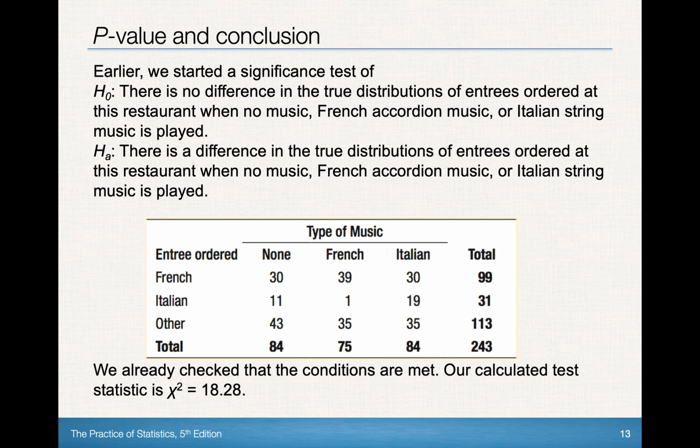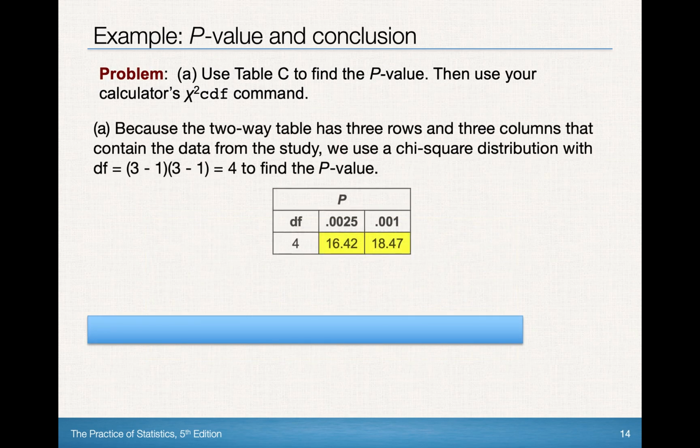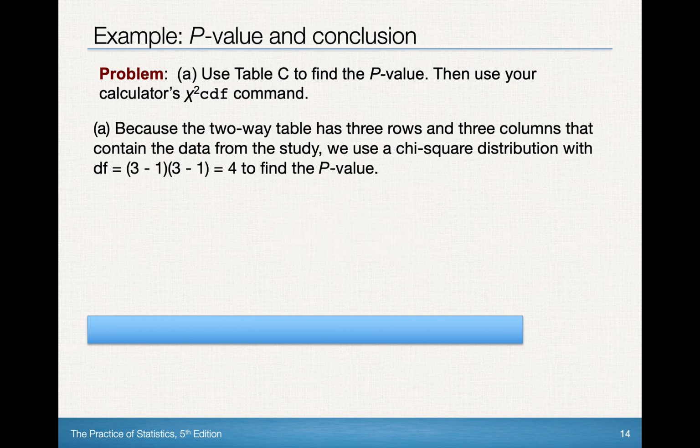It's different for a chi-squared test for homogeneity, which is what you're doing right now. Your degrees of freedom is going to be your columns minus 1 times your rows minus 1. So because our matrix is a 3 by 3, if you go 3 minus 1 times 3 minus 1, you get 4. So our degrees of freedom is 4.